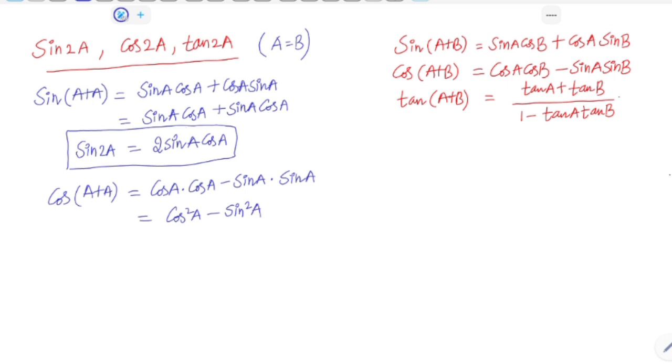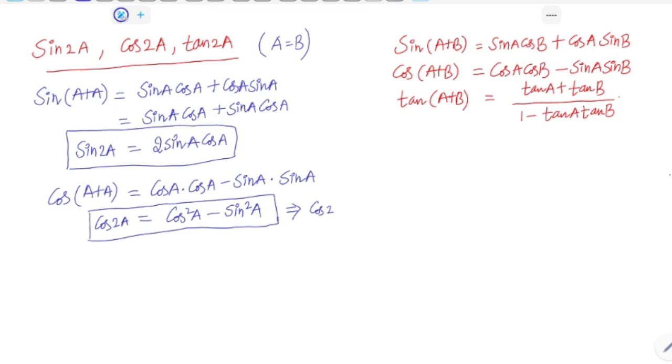Okay. Now, cos of A plus A is cos 2A. This is one of the formulas for finding cos 2A. But we have two more different formulas from the same formula. Let me just do a small modification.